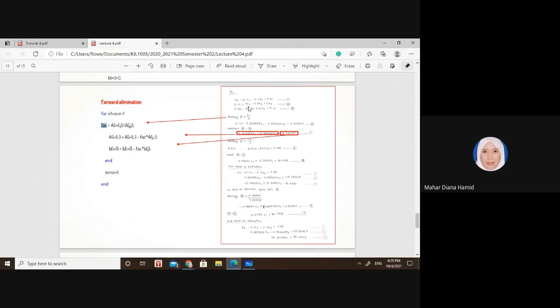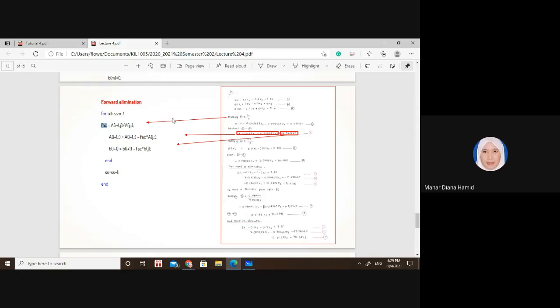And this actually corresponds, if you refer to the example that we have done in class, to the step that we have done manually.